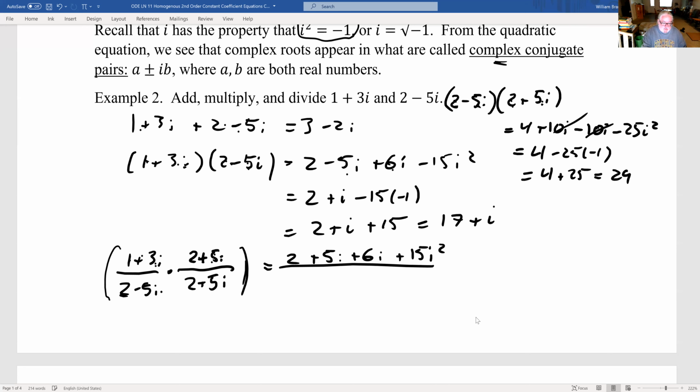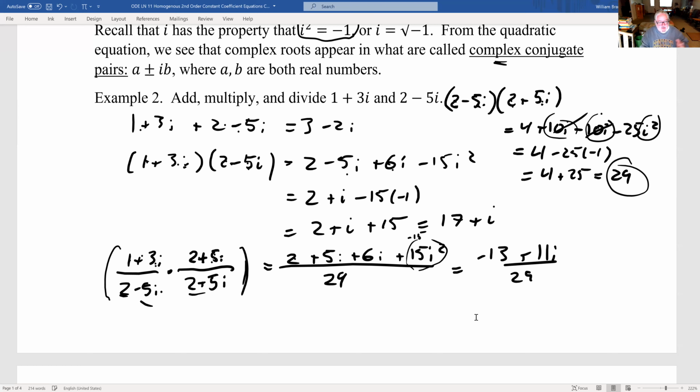What are the bottom two multiplied together? That's this nice fact. It's just 29. It's a real number because the imaginary parts canceled out or became an i squared. So this is minus 15. 2 minus 15 is minus 13 plus 11i over 29. So we can do division, and you can do subtraction too. It's just like addition.